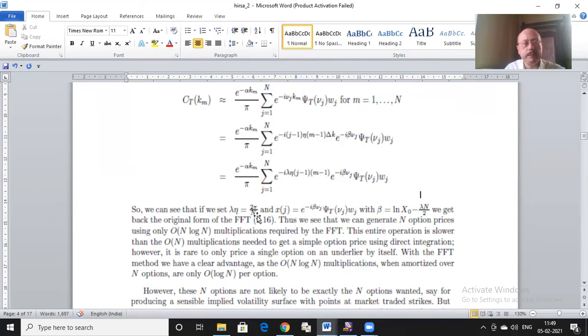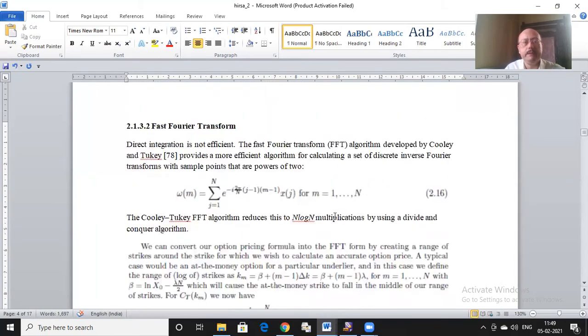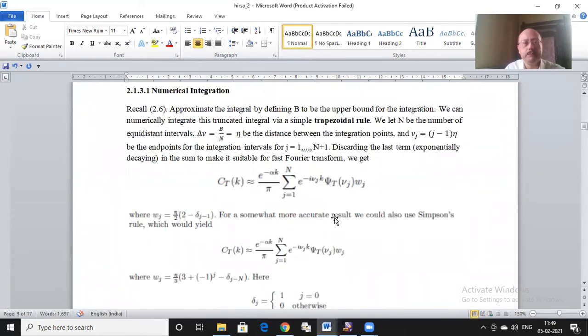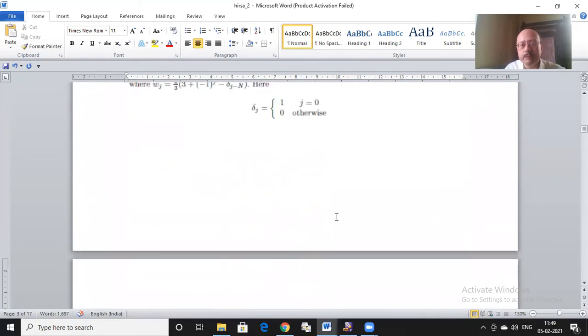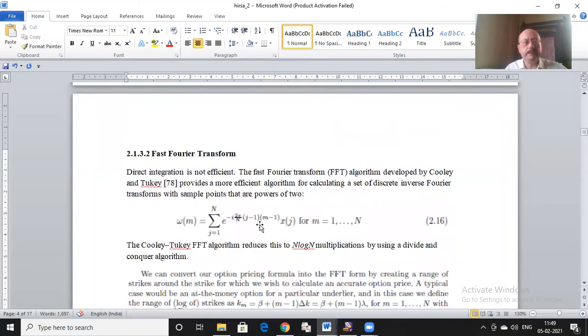So if I make these particular choices, lambda eta equal to 2 pi by n, and take this whole expression here as my choice of xj, then I will go back to the original Fourier transform as in here, 260.